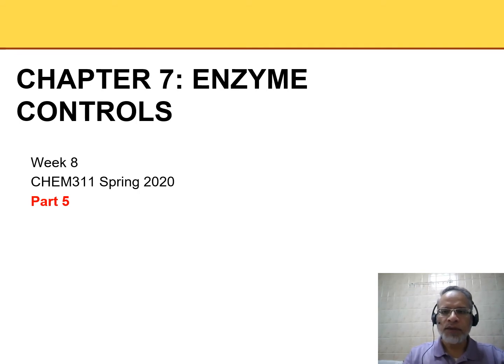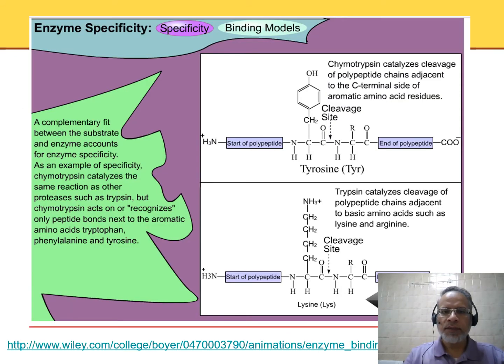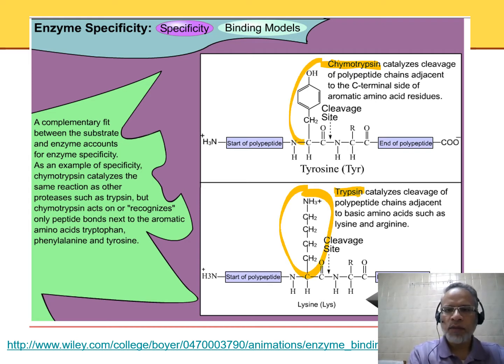So we'll try to, inshallah, finish chapter 7 today. Very quickly, we have talked about enzyme specificity, and we have talked about the different proteases like chymotrypsin and trypsin, how they work. We've talked about the specificity for these two based on what is there before the carboxyl group coming in, right?